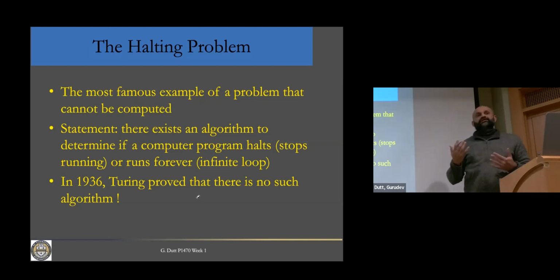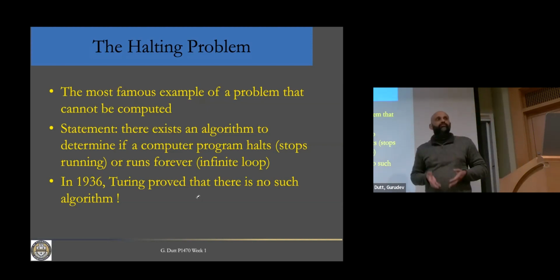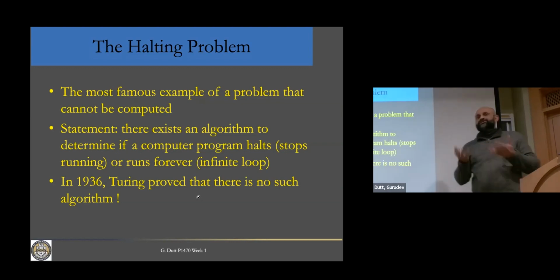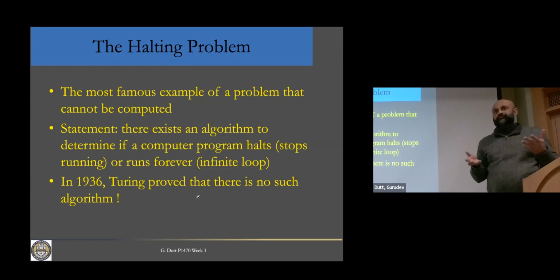So if I give you a universal Turing machine with some input, with the Turing number and the input, can you find out if this program will actually halt and doesn't just run forever? Turns out this is an undecidable problem. This is in that class of problems which are undecidable.